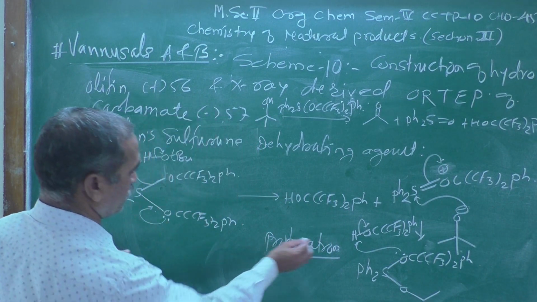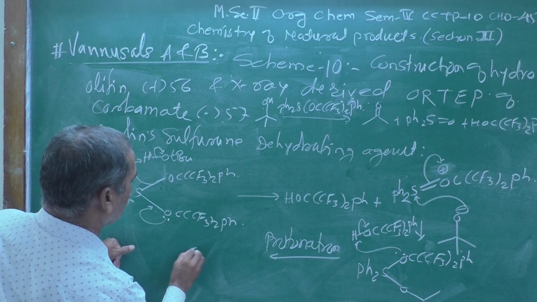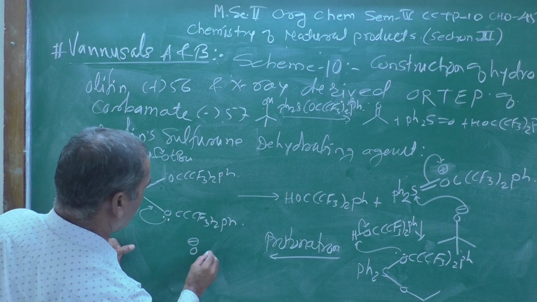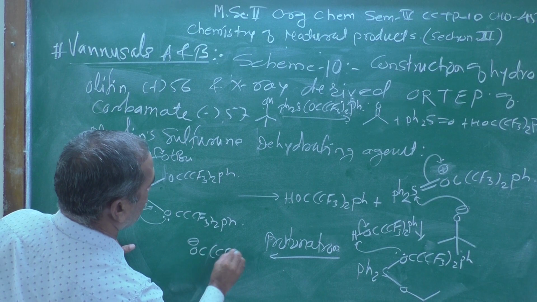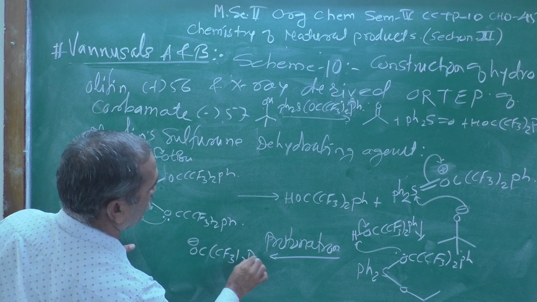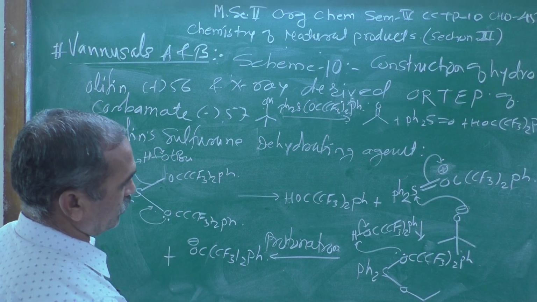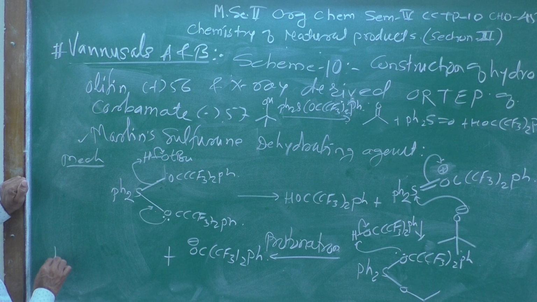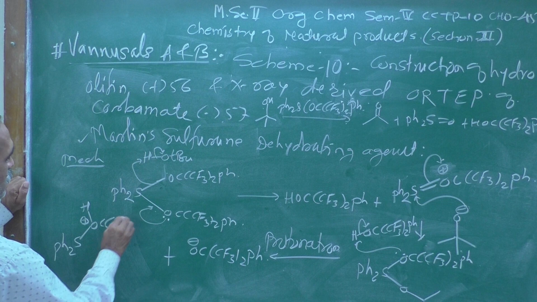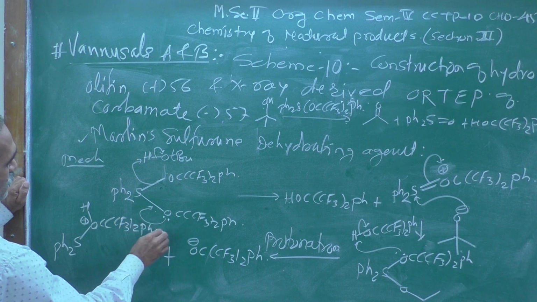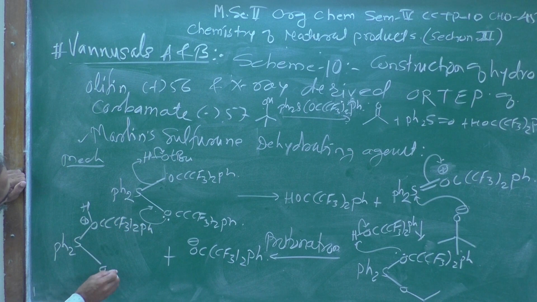You are going to get this species with a minus charge, then (CF3)2Ph, and as well as the rest of the thing you are going to get here Ph2, yes, then O, H with a positive charge over there, C, (CF3)2Ph, and the other way here O, this one.